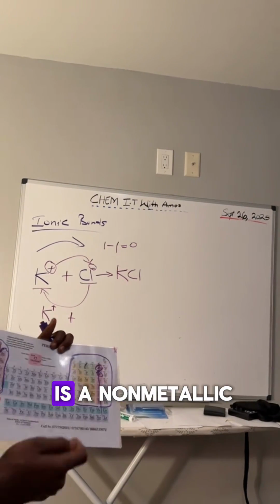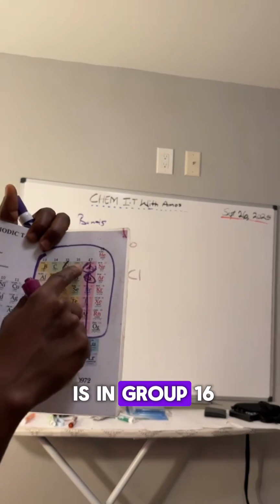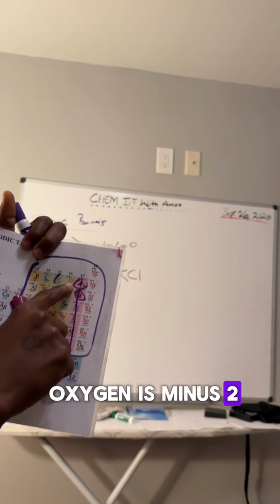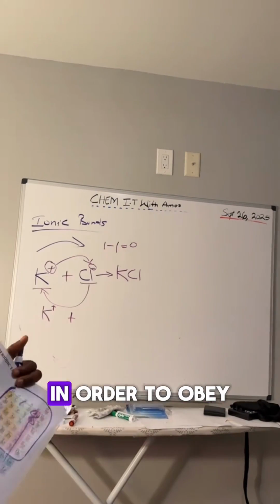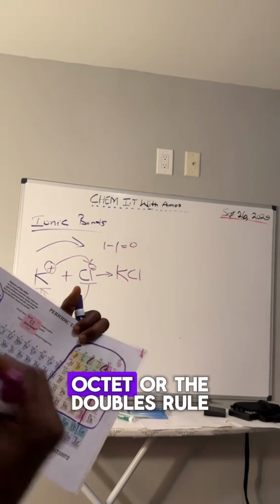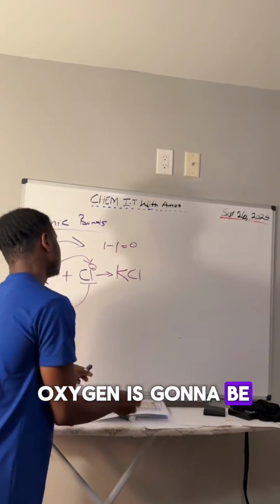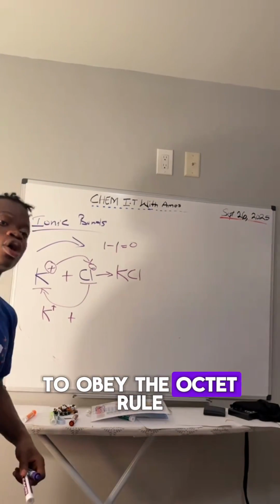Oxygen is a non-metal, a gaseous element, in group 16, or group 6 right here. So the charge of oxygen is -2 because it's in group 6 and needs 2 more to make it 8 in order to obey the octet rule.